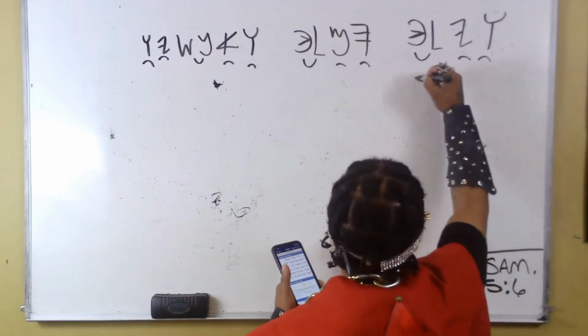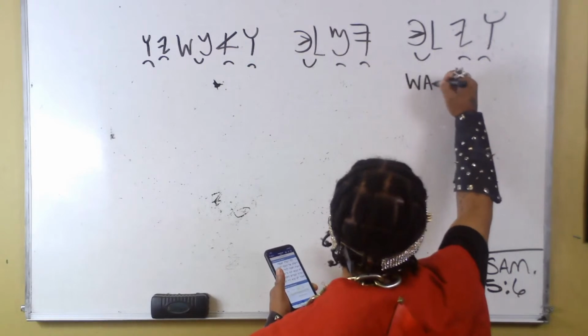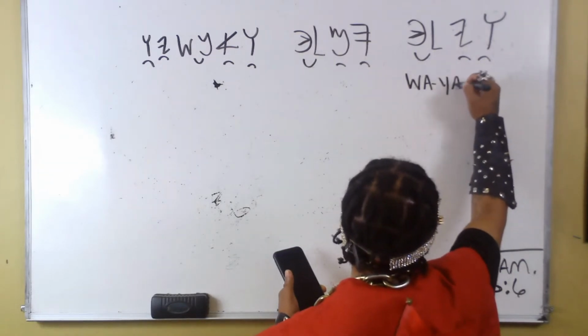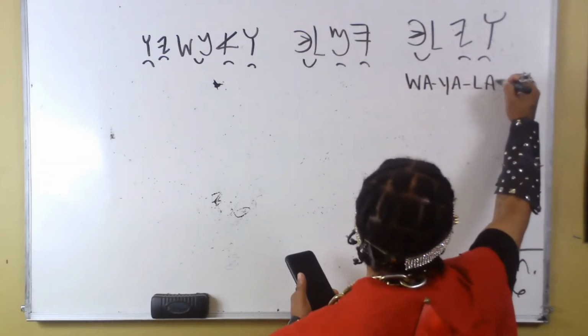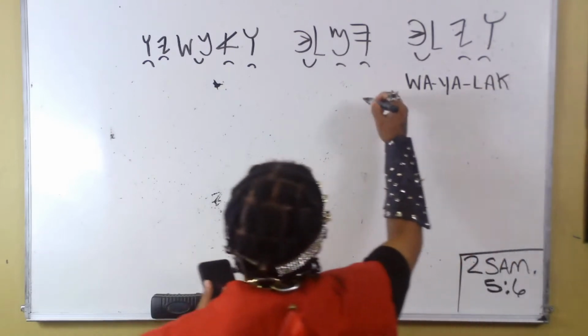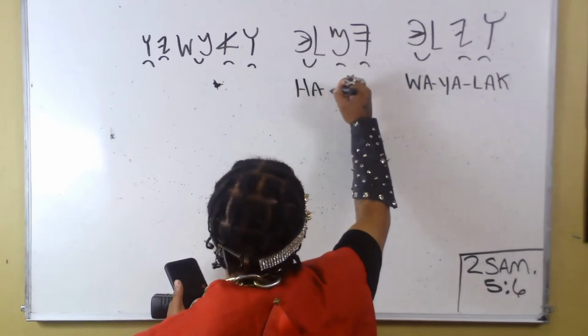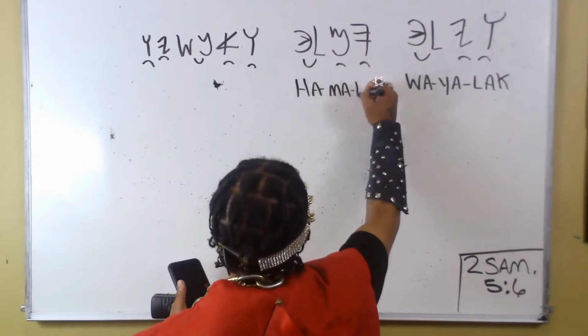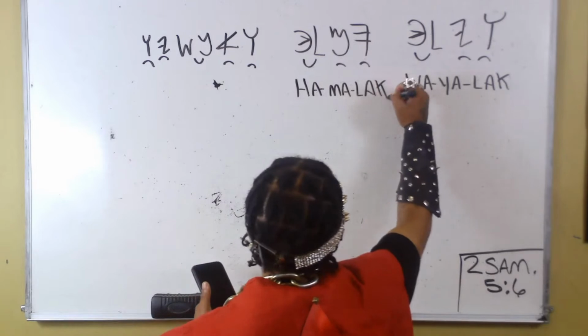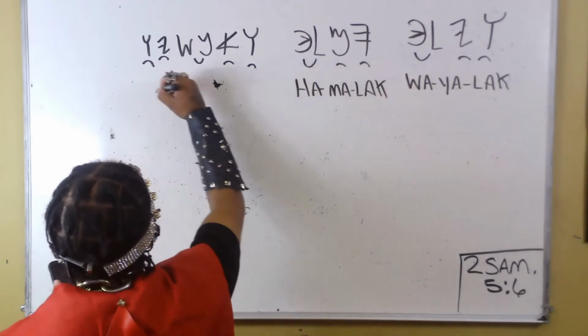So, this is how you pronounce it. Wa Yalak. Okay. Hamalak. Wa Anashim.